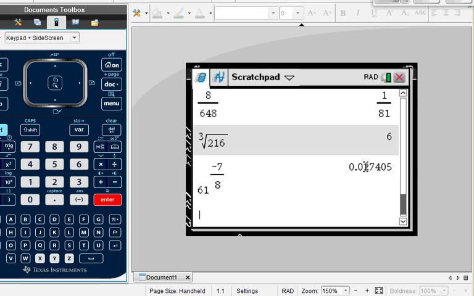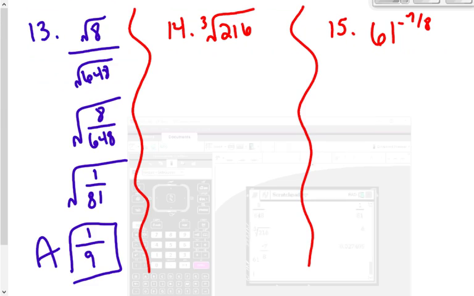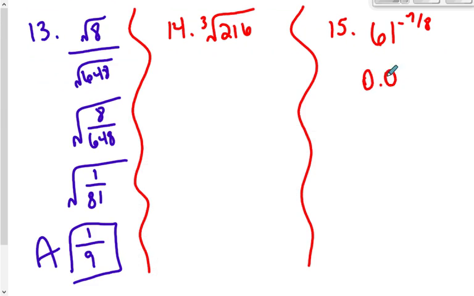To 2 decimals, 0.027 gives me 0.03. So this one is 0.03. This one was 6. So that's H, and this one is A. Question on those?